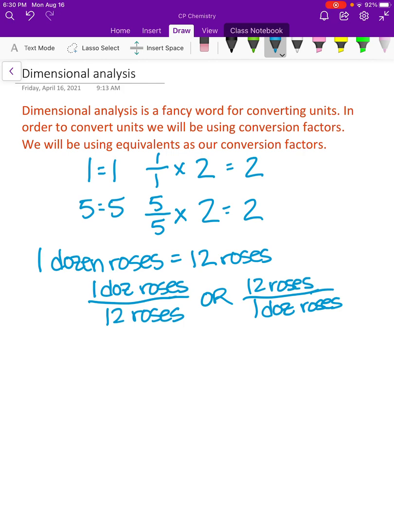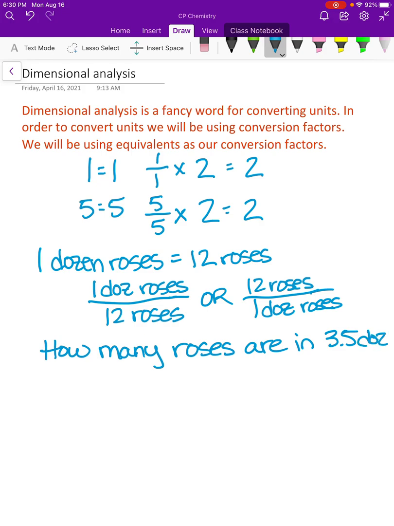So say I want to know how many roses are in 3.5 dozen.